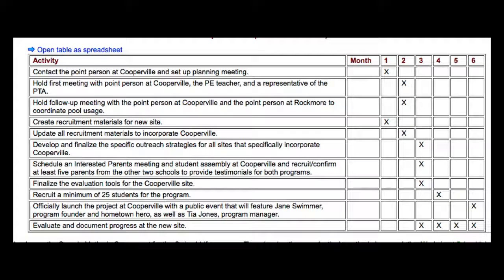Regarding the timeline, this is a nice way that the book talks about a timeline. You take all of your methods, all of your strategies, as they're sometimes called, and you put them into a spreadsheet, and then you mark out what month these will be completed in.